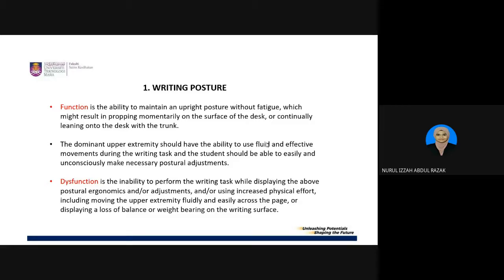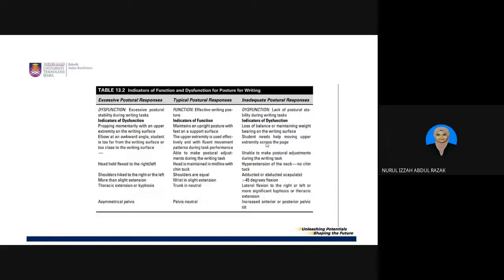The dysfunction is the inability to perform the writing task without the above postural adjustments or with increased physical effort, including difficulty moving the upper extremity fluidly and easily across the page, or displaying a loss of balance or weight bearing on the writing surface. This table shows the indicators for function and dysfunction for the posture component of handwriting.